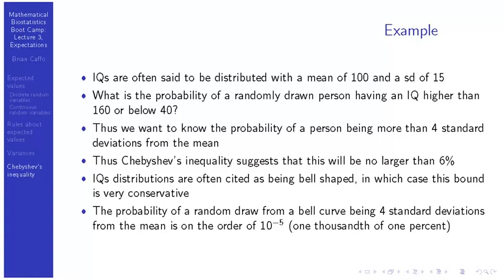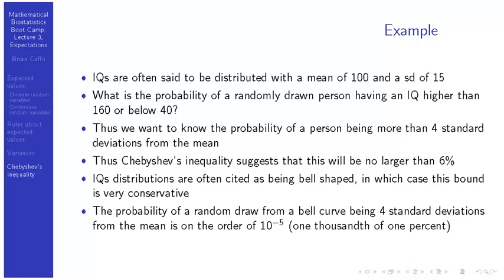And of course, I picked 160 and 40 specifically. Well, 160 is 4 standard deviations above the mean, and 40 is 4 standard deviations below the mean. So Chebyshev's inequality says that this will be no larger than 6%.